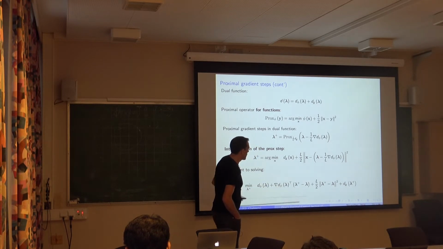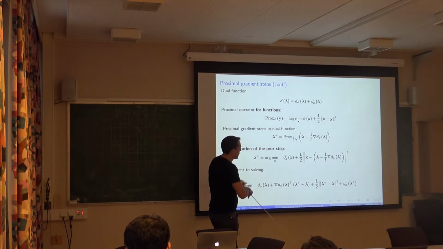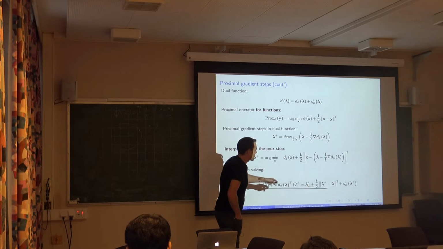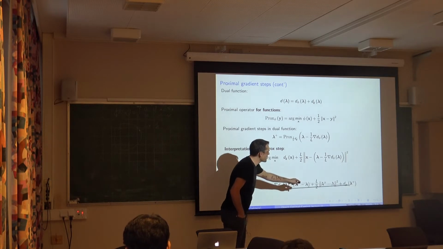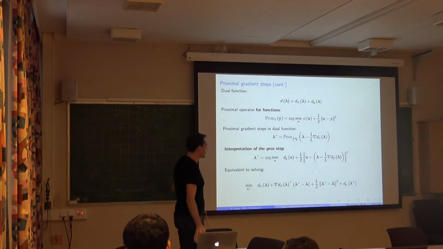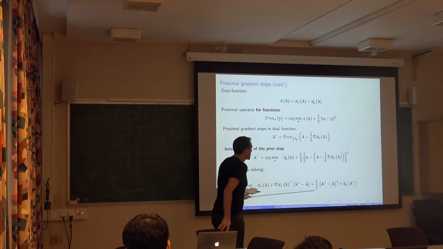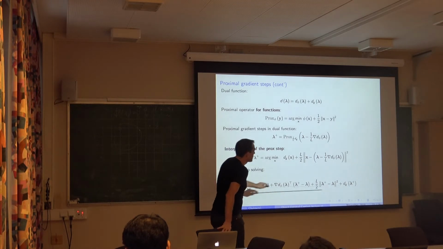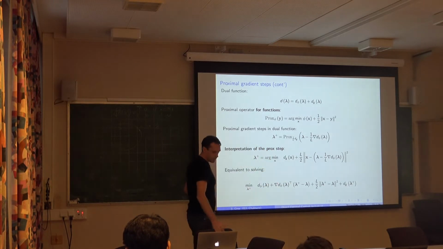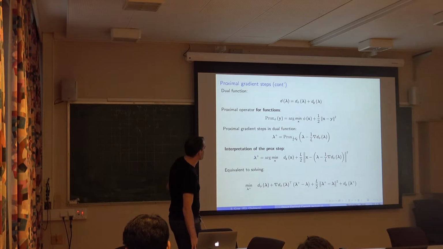So if your dual function was purely quadratic, this would be an exact term. And then you use the exact dual function dg. So you try to find the lambda plus that is good in the sense of this quadratic model, and that is minimum in the sense of the exact function dg.